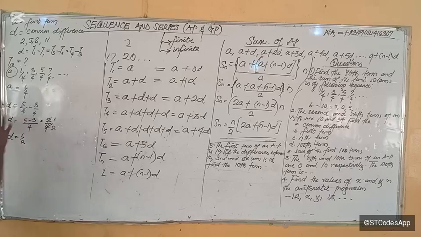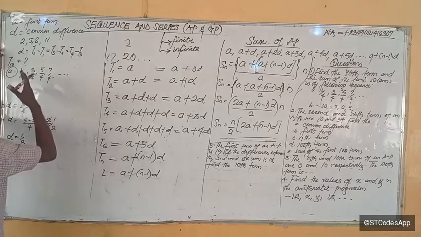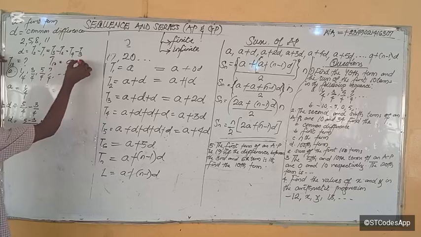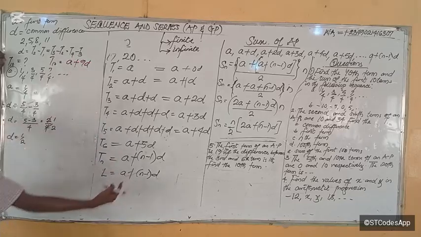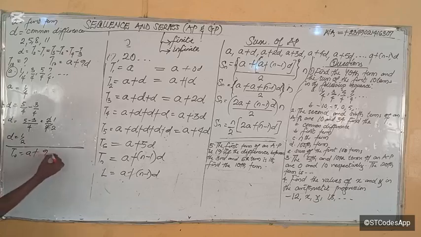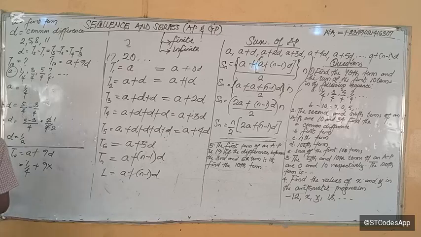So let's now supply it into the equation. Actually, I don't even need this equation, because if I'm looking for T10, my formula becomes A plus 9D, from what we learned here. So T10 is A plus 9D, and the first term is 1 over 4. So I have 1 over 4 plus 9 times D, which is 1 over 2.